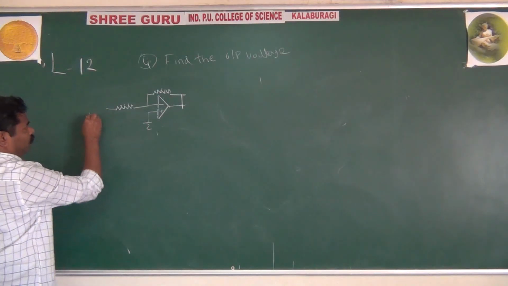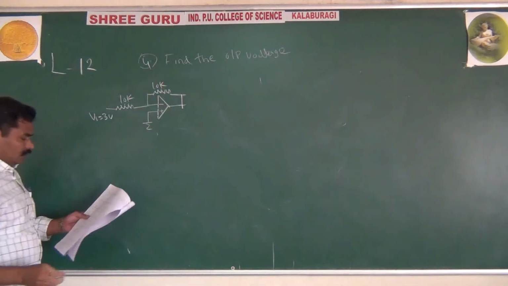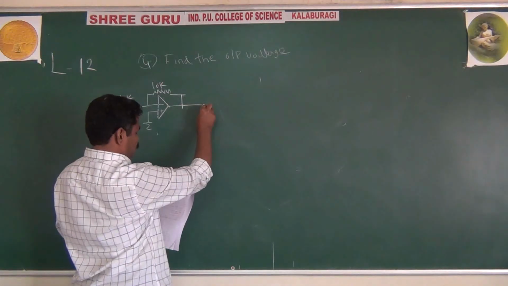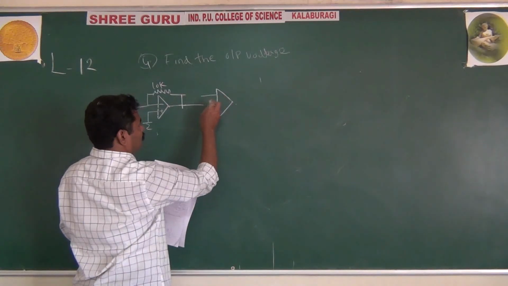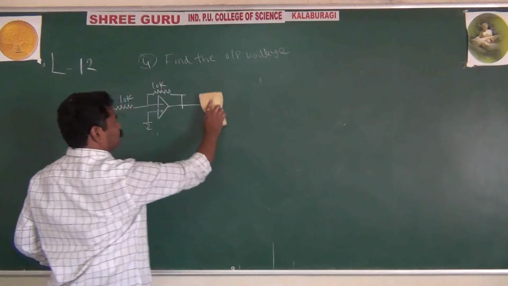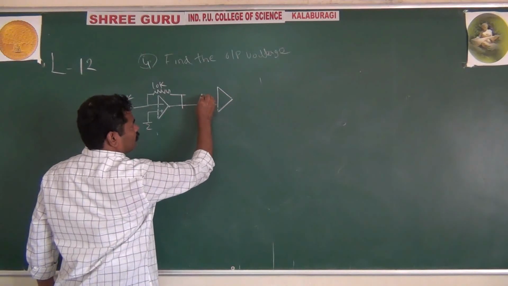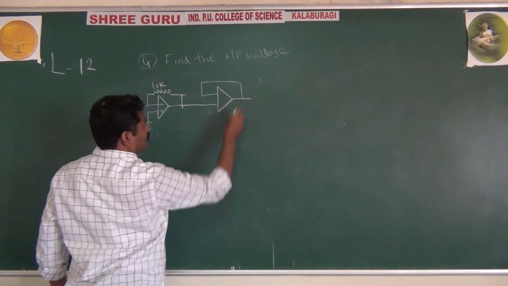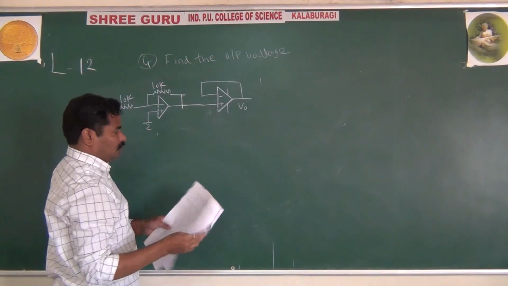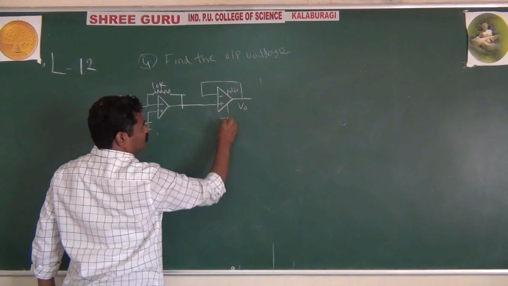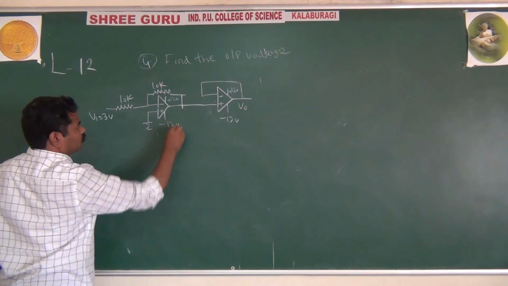The input voltage V1 is 3 volts, with 10k. It is very simple.